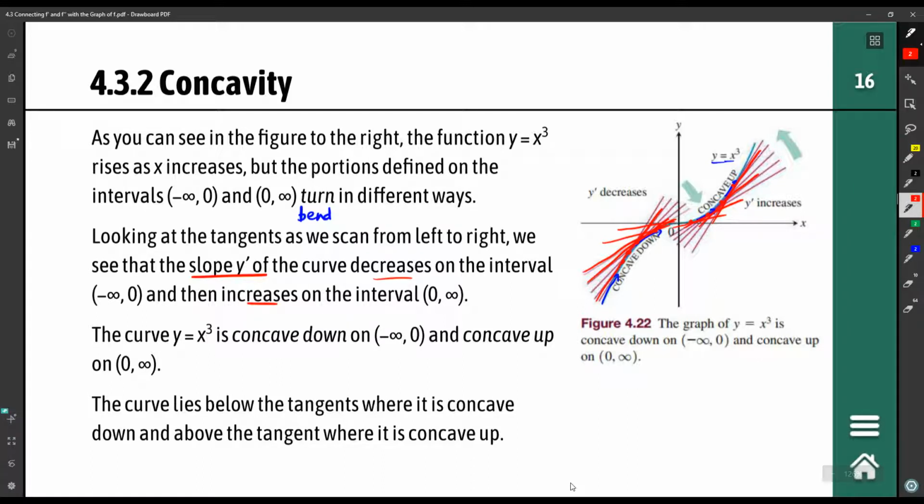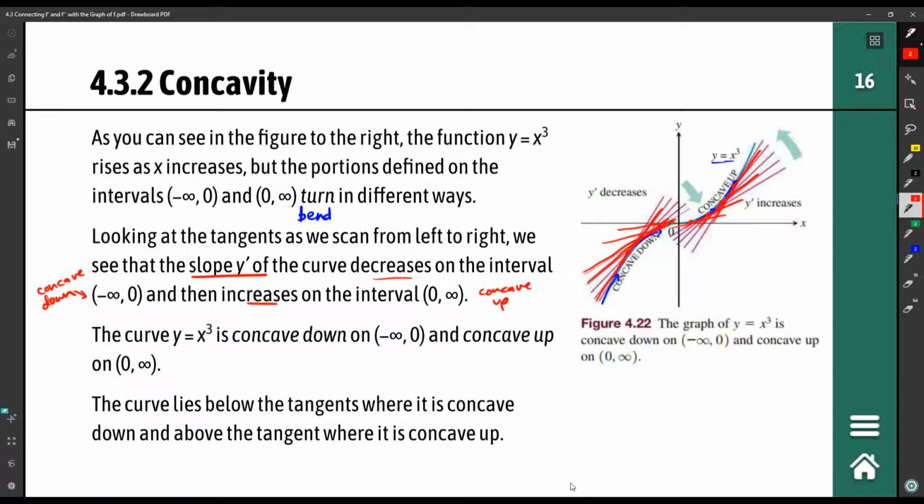It decreases on the interval negative infinity to 0, where we are concave down. And it increases on the interval 0 to infinity, where we are concave up. And that's the slope of y, which is y prime.